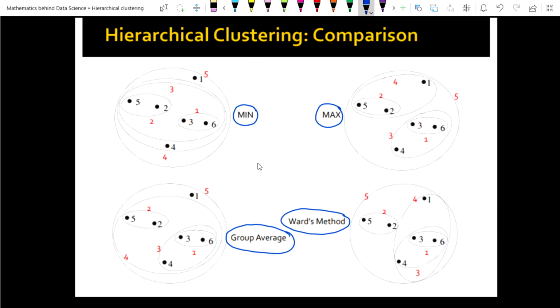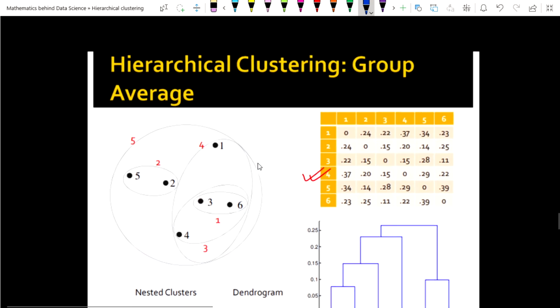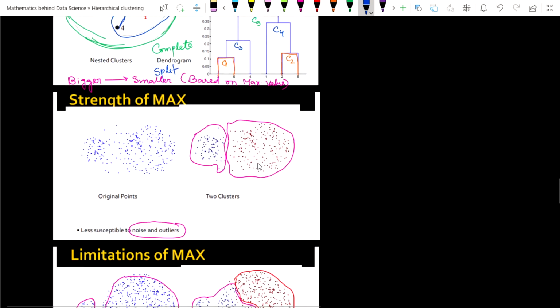Okay, and in different situations different methods are useful, and these methods also have some limitations, so we have to take care about it. Based on what kind of problem we have, we have to choose the right one. So from these discussions we will see what kind of limitations and advantages they have in each method.